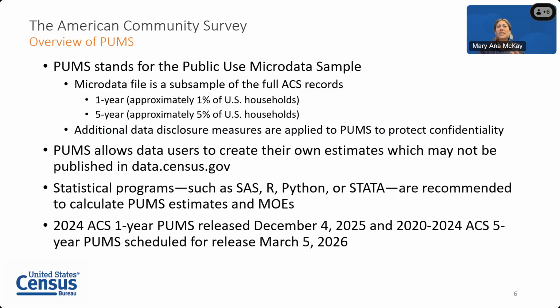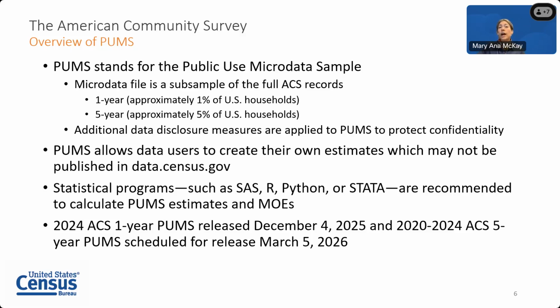So now it's time to get into the basics of this public use microdata sample, which I have referred to here several times as the PUMS. The PUMS is a publicly available subsample of ACS records. One-year PUMS estimates are a subsample of data collected over a calendar year and constitute approximately 1% of all U.S. households in total, whereas the 5-year PUMS combines data collected over 60 months and constitutes approximately 5% of all U.S. households.